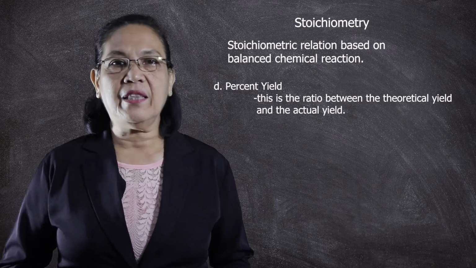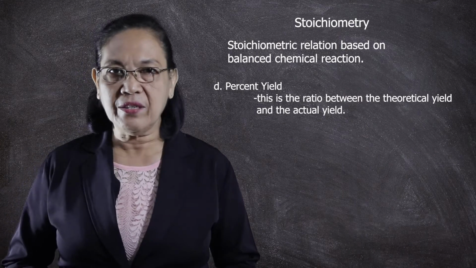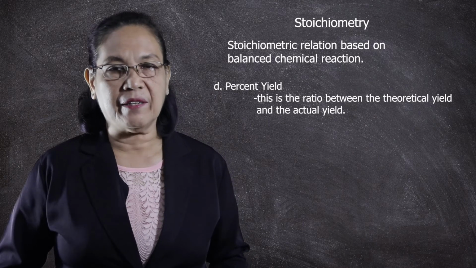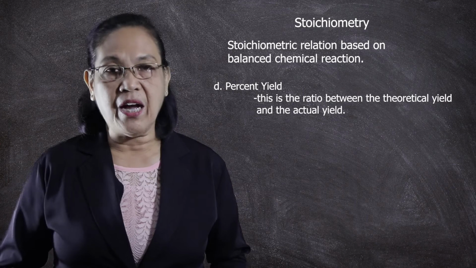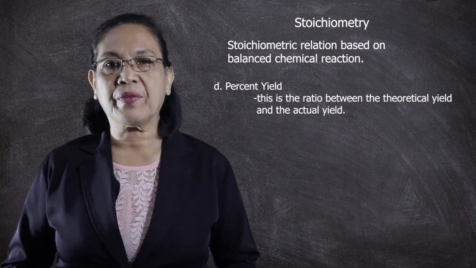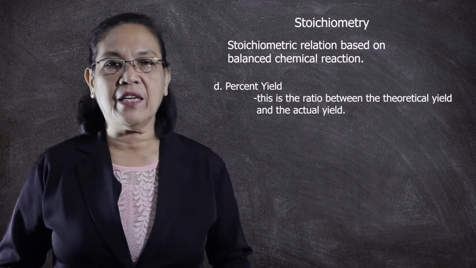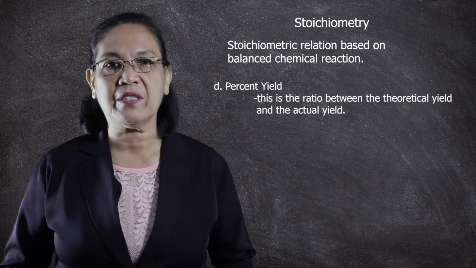Usually, in the manufacturing process, the actual yield is lesser than the theoretical yield. Going back to the problem we have just discussed on the reaction between iron and oxygen, we computed that the theoretical yield is 21.44 grams of ferric oxide.